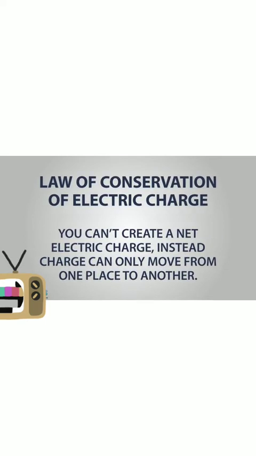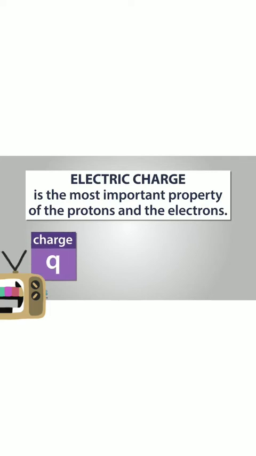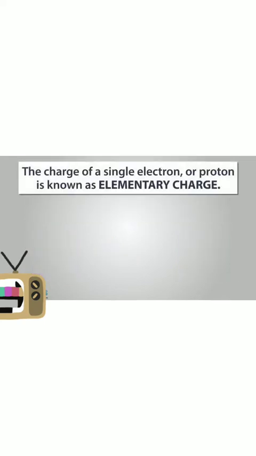You cannot create net electric charge; instead it can flow from one body to another, right? So electric charge is an important property of protons and electrons, right? The charge is denoted as Q and the coulomb is denoted as C. The charge of a single electron or proton is known as the elementary charge.